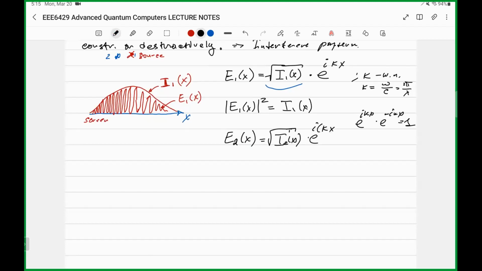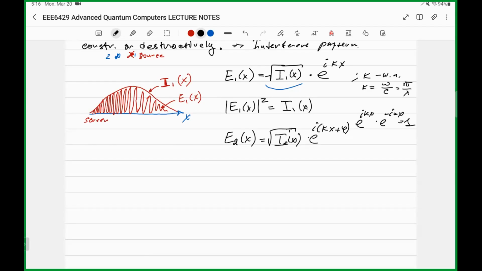So everything is just the same, but with some additional phase. This phase comes from the fact that we shifted the source or somehow changed the source. It doesn't really matter.